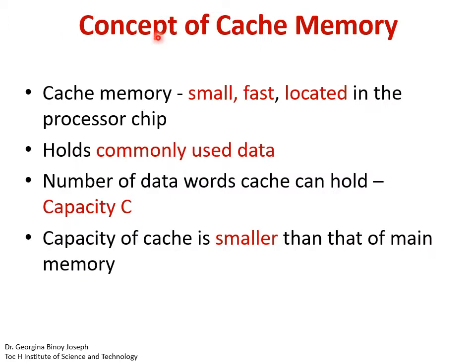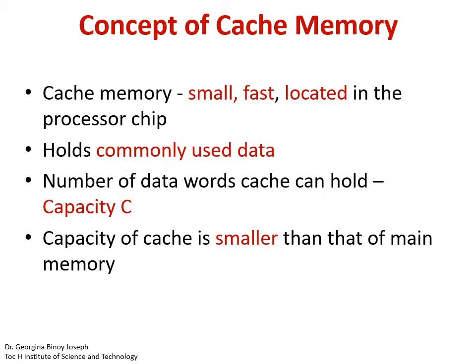Now looking at the concept of the cache memory, we saw from the previous diagram that the cache is located inside the processor chip. It is very small and very fast. The reason why we use a cache is so that with very little memory access time, the processor can access commonly used data.